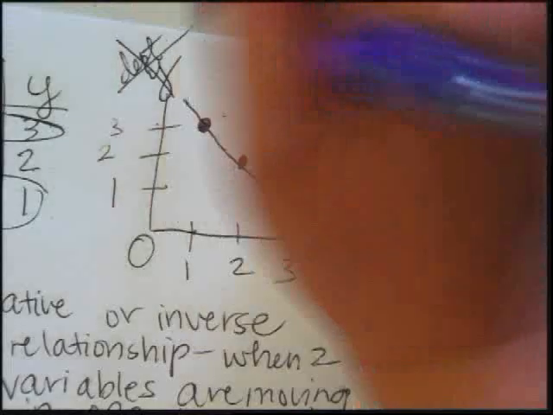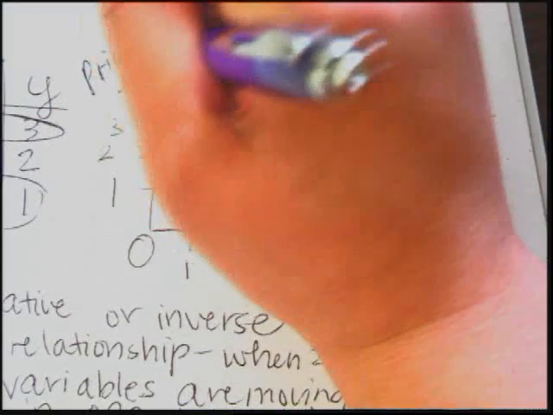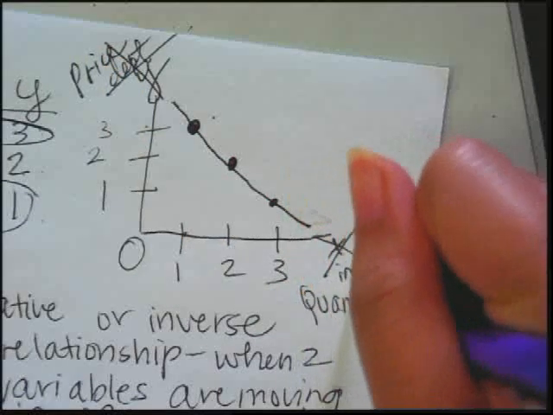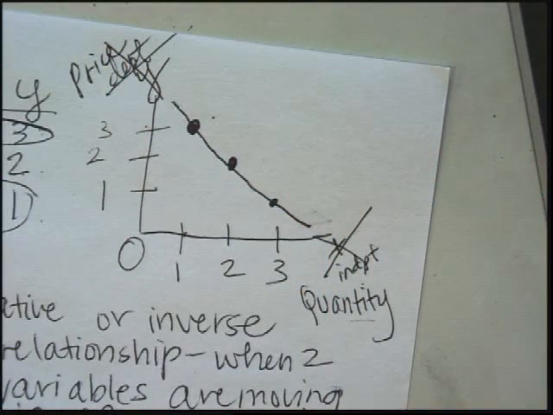I'm going to scratch this out and put price. I'm going to scratch this out and put quantity. And do they still remain the dependent and independent? Now, you've got to think of quantity as being the dependent variable, dependent on what the price of a product is.